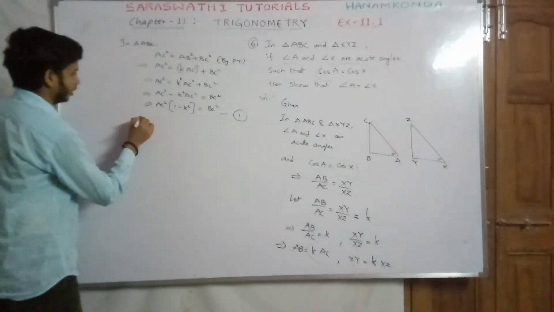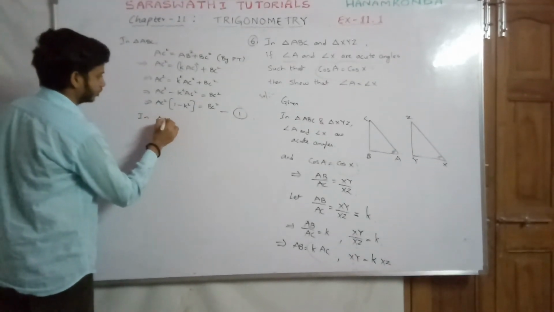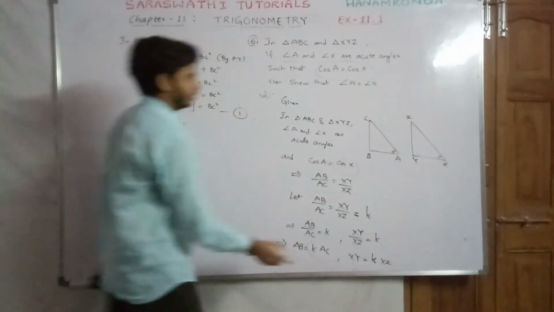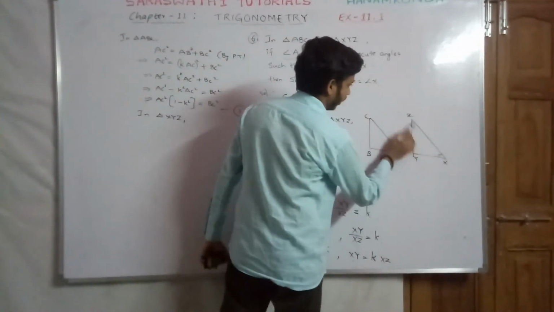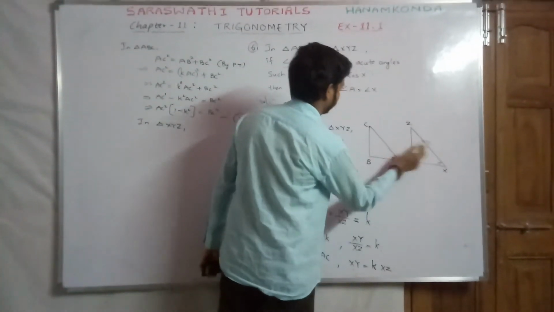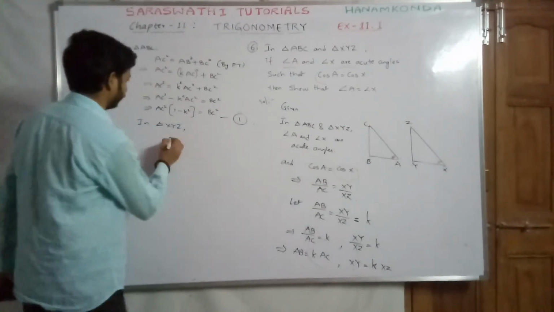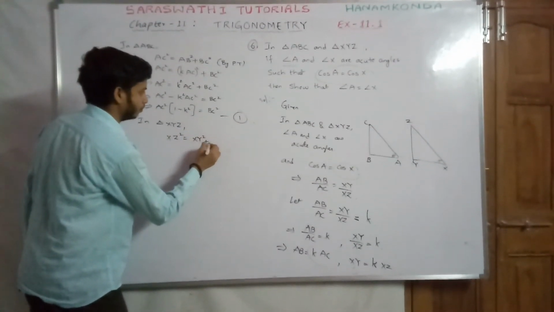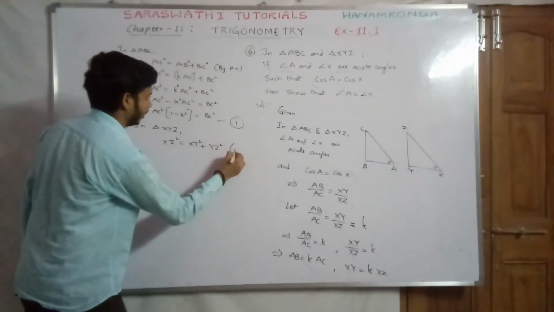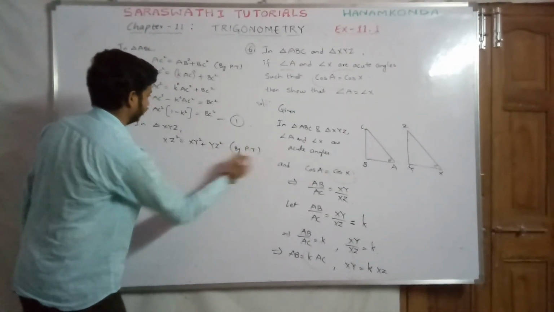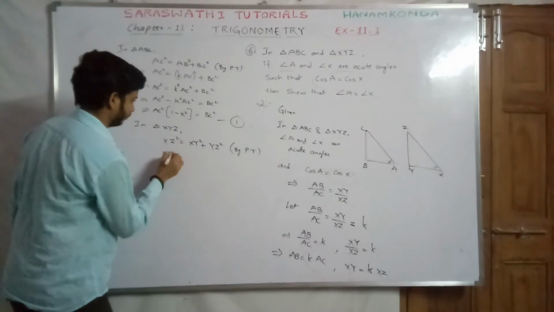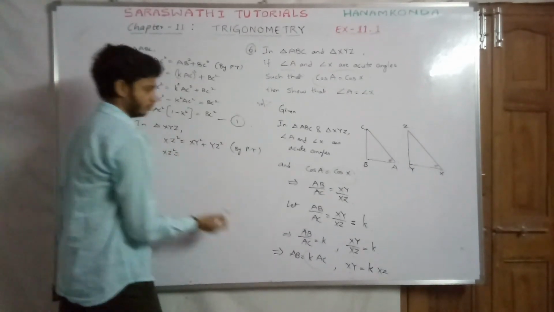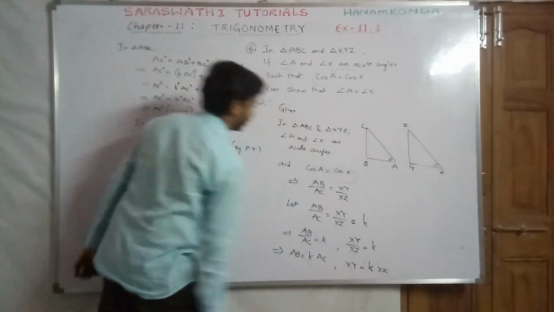Now similarly, in triangle XYZ, XZ square equals XY square plus YZ square by Pythagoras theorem. In place of XY we can write k into XZ.